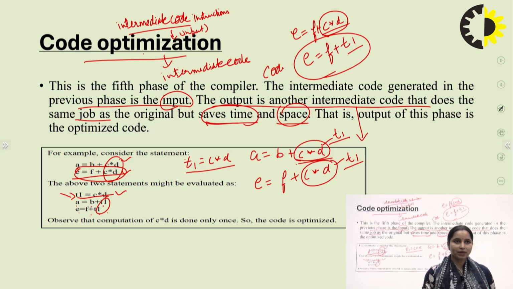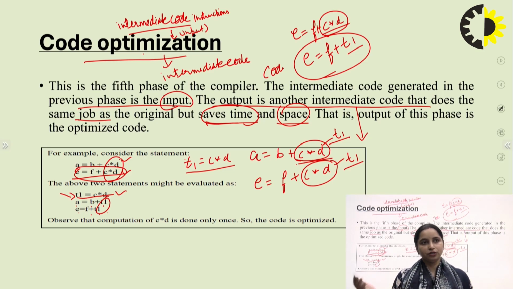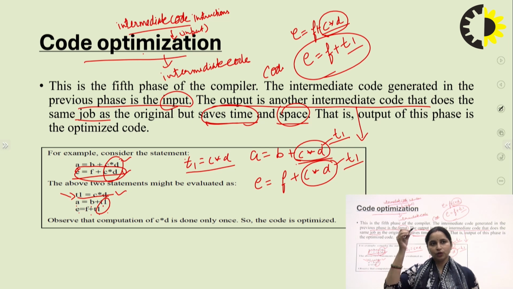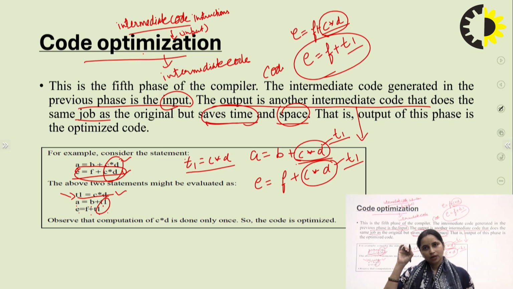In code optimization, we are again receiving the intermediate code only. It is not that we are receiving the output in another form. The code is in the form of intermediate code only. But in the earlier phase, we were doing each and every step. In intermediate code generation, we took the syntax tree received from the semantic analysis phase.